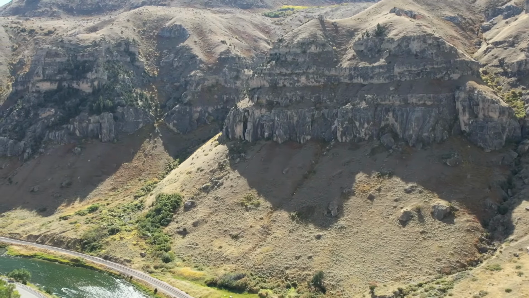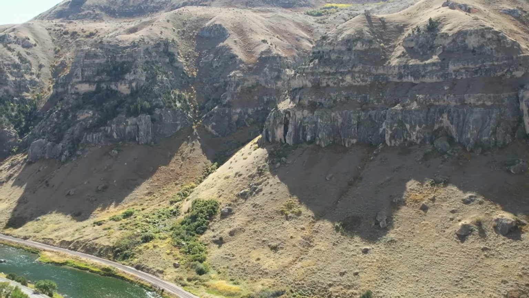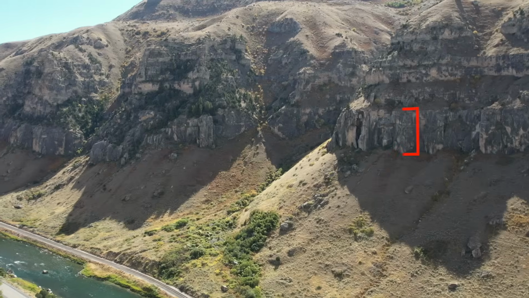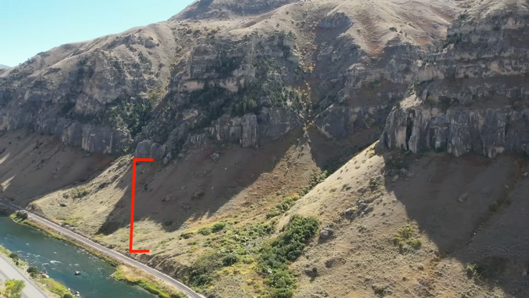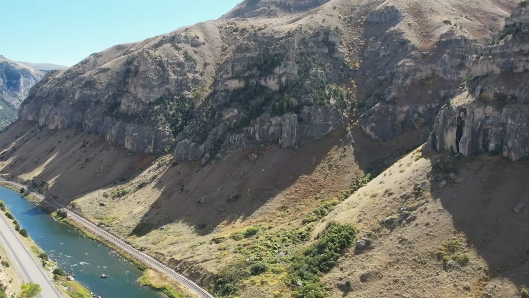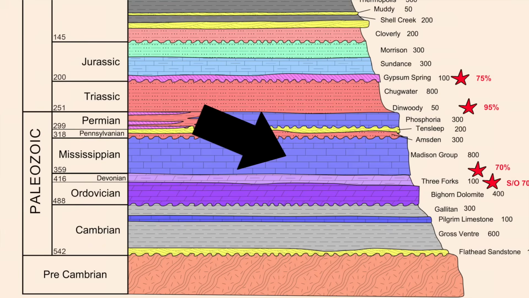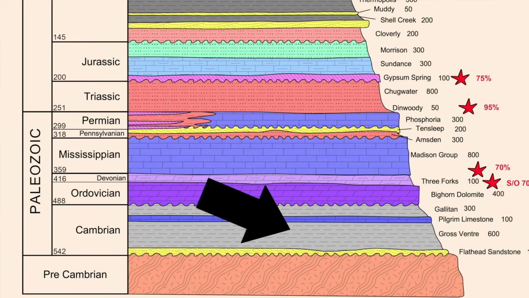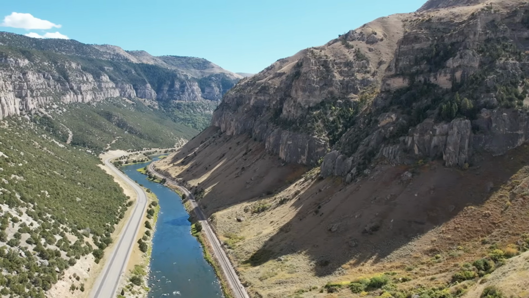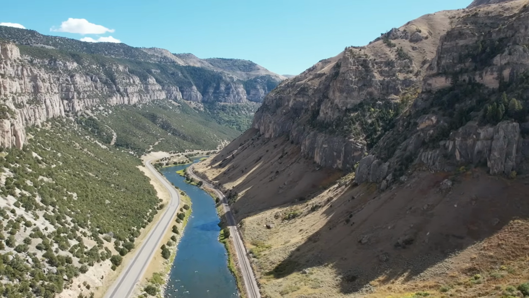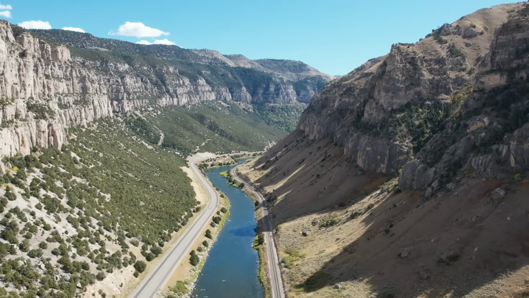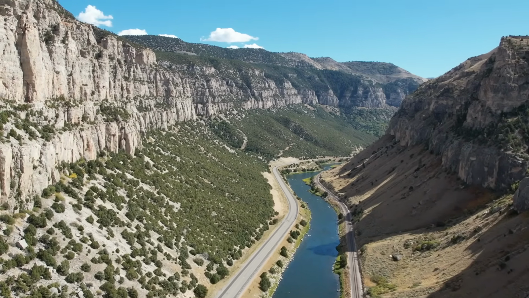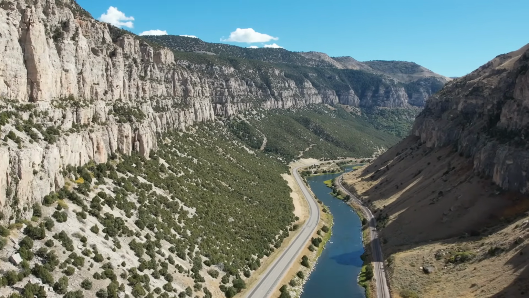Further into the canyon, we see the Mississippian Madison Formation, the Ordovician Bighorn Dolomite, and shaly limestones of the Gallatin and Gros Ventre formations. Up around the bend, we will finally come to the Flathead Sandstone and the Great Unconformity.